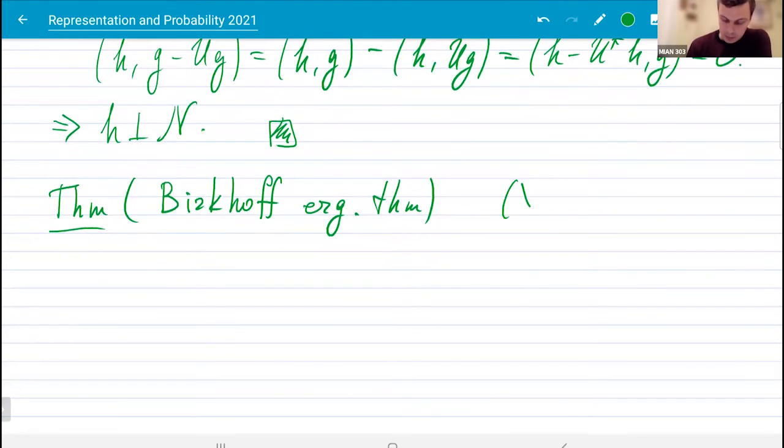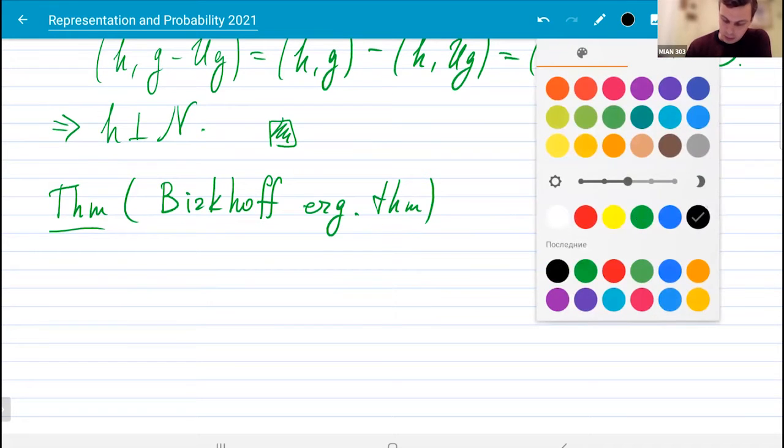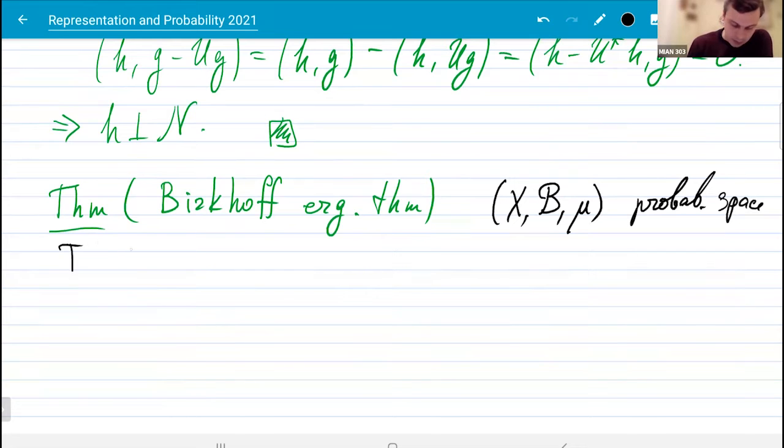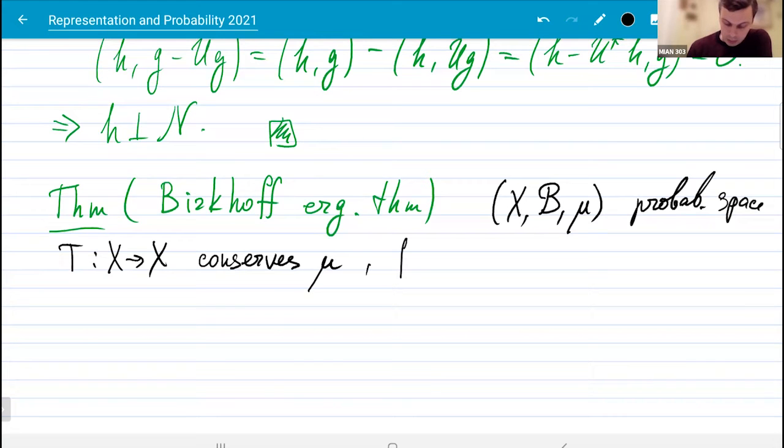So again, we have a probability space. We have again the measure preserving transformation, and f belongs to L1. Then we have the following.